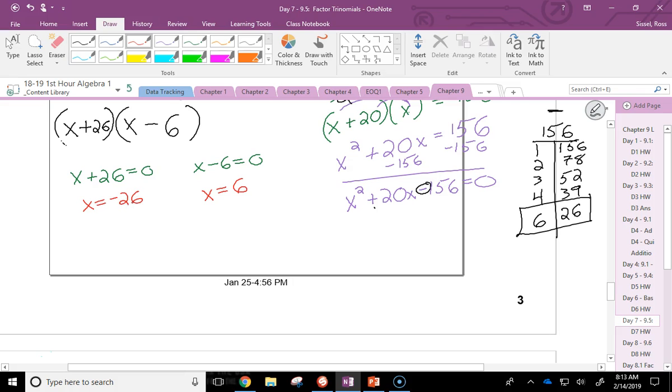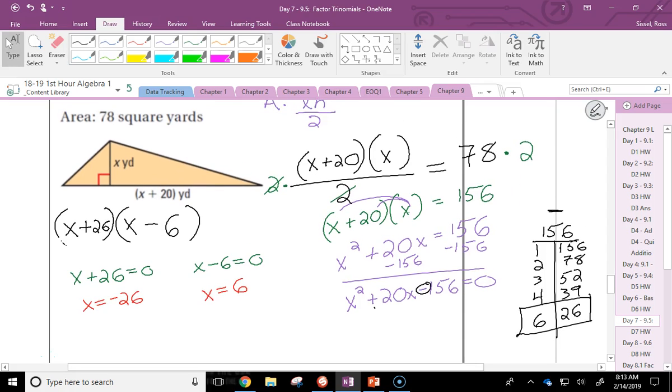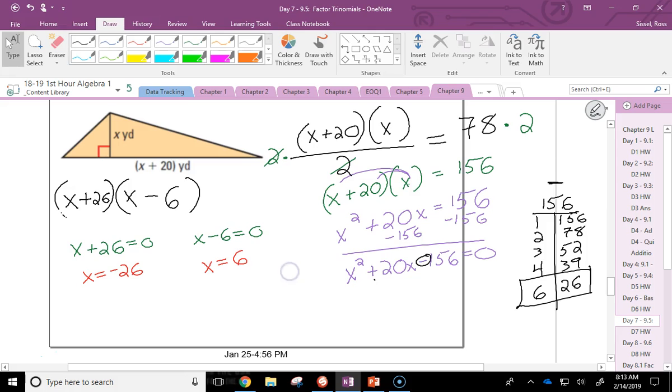Before we move on, because we still haven't answered the question. The question's asked for the dimensions. If we look at this, I have x plus something, and this one is actually x. Can my measurement be negative 26 yards? No. So I know this one is not going to work in this equation. So x can only equal 6.